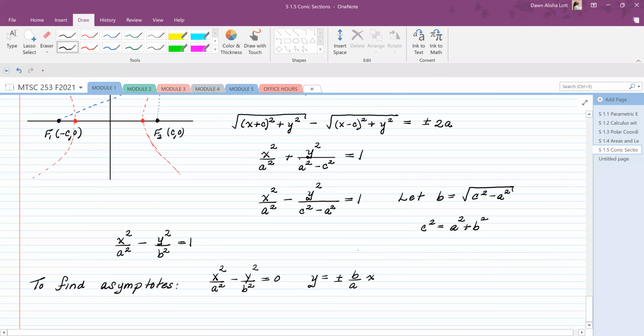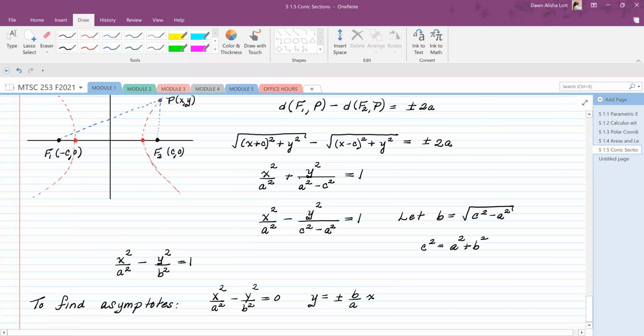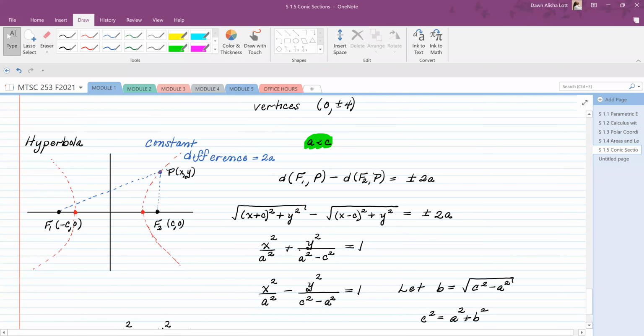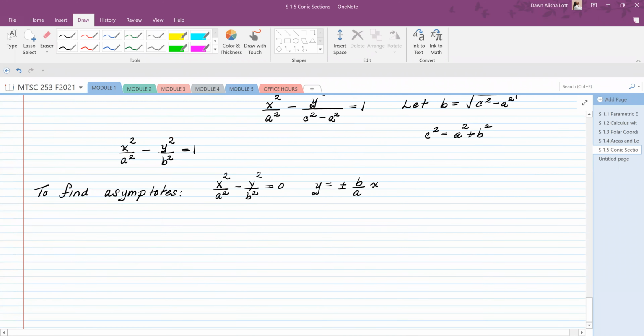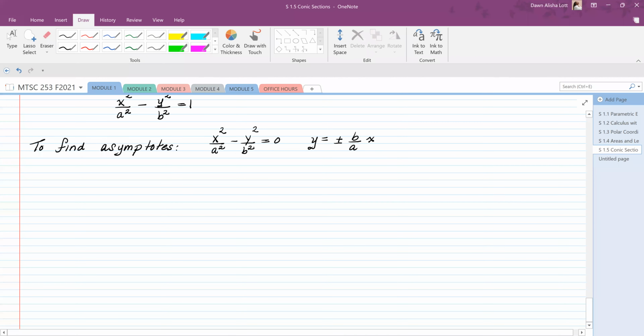And so that goes back to say there's an asymptote that comes through like this, and another asymptote that comes through like this, which are very helpful in helping you find how to graph this. So let me show you one. And so here's an example.